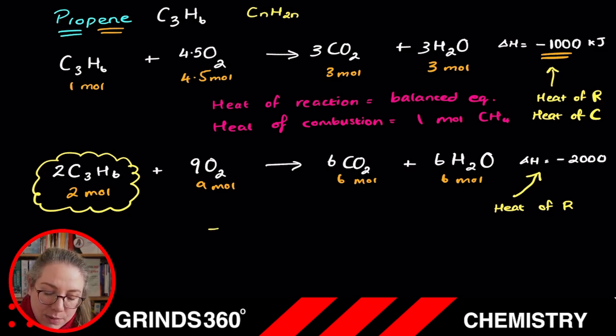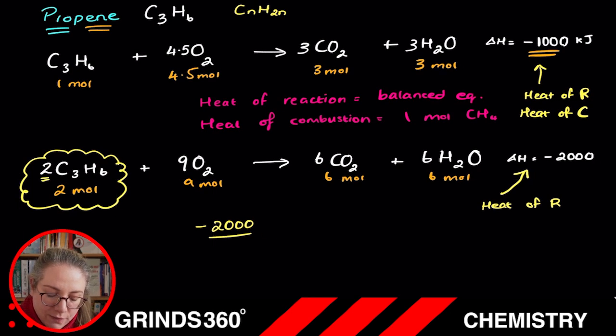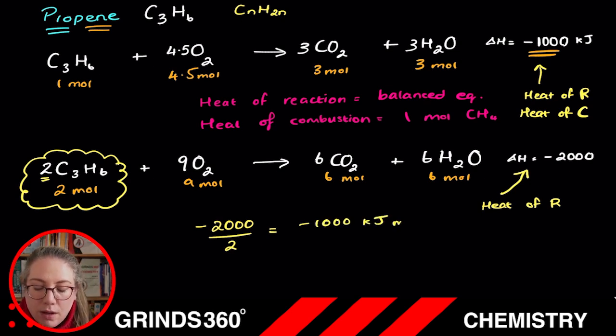And in this case, you would take your minus 2,000 and divide by the number in front of the propene in the question. So you would be dividing by 2. And that will get me the amount of energy released by 1 mole of propene. So that is your heat of combustion.